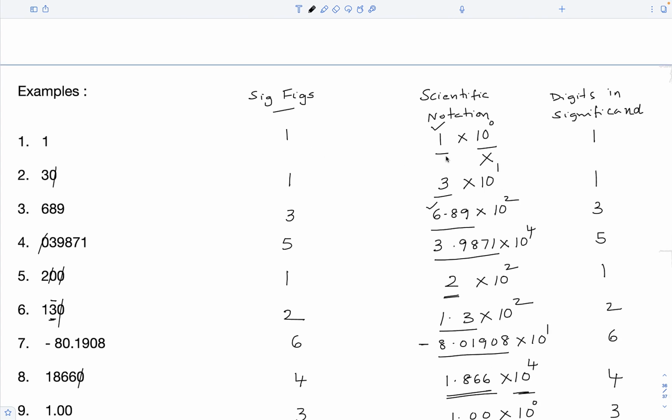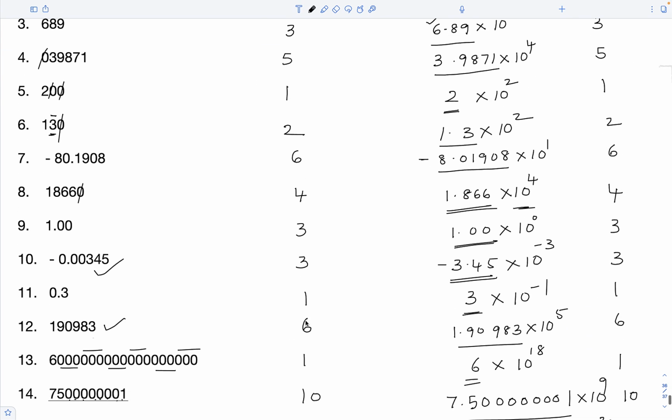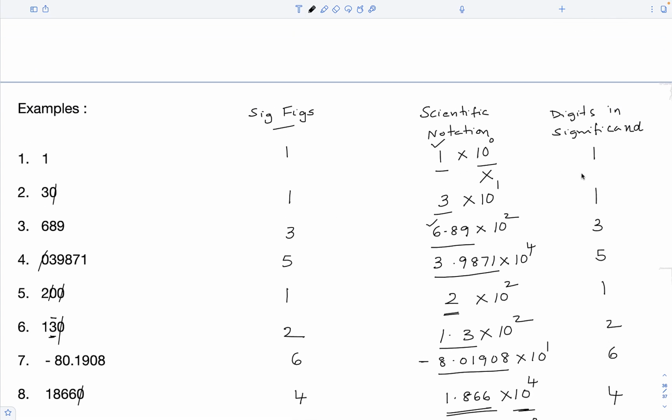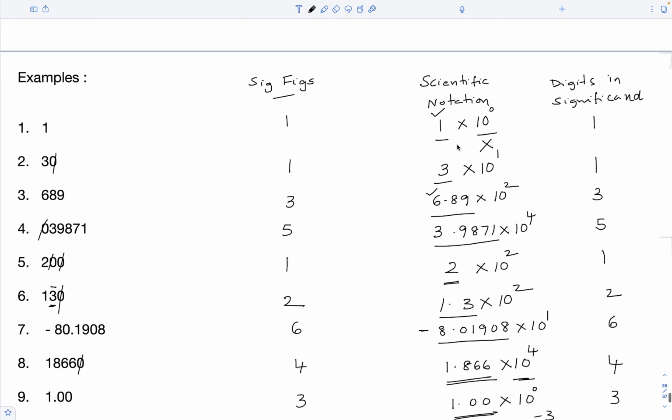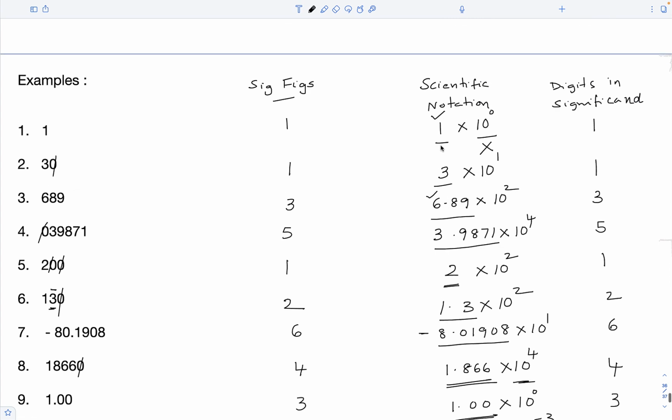The number of significant figures and the number of digits in the significand are the same in every case. And this is possible because of this condition. See, in all these examples, the magnitude of the significand is between 1 and 10. Only when its magnitude is between 1 and 10 is this possible.